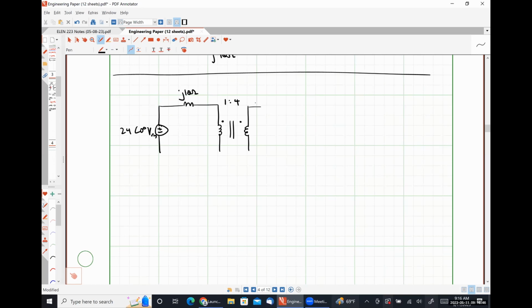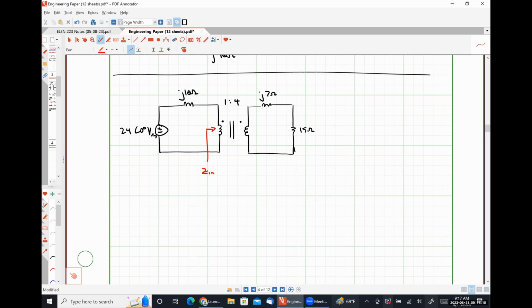Give me another impedance. You guys like inductors a lot. Keep giving me inductors, never capacitors. Give me a load resistance. All right, so you want this.